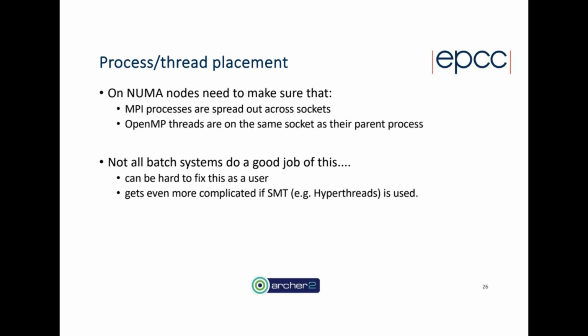Figuring out what the right invocation is to get the right mapping can be quite difficult. The way that batch systems like Slurm describe these things can be extremely confusing, and the documentation isn't that good, unfortunately.